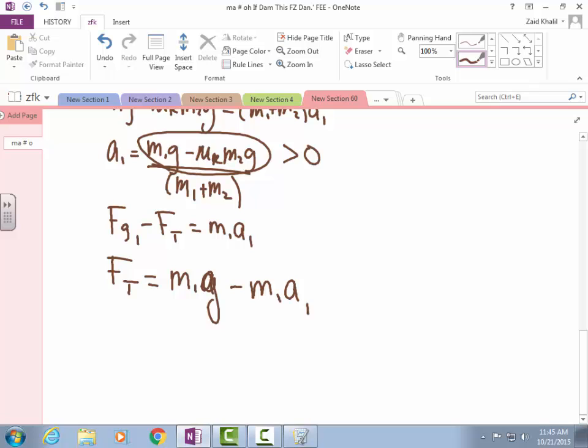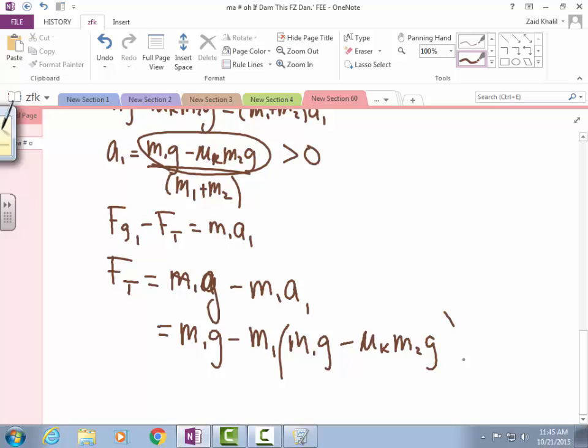Or another way to do it is to say, I'll just rearrange them. So, start plugging in. What do you get? You get M1G minus M1 times A1. What's A1? It's that monstrosity up there. It's (M1G minus mu K M2G), all divided by (M1 plus M2).